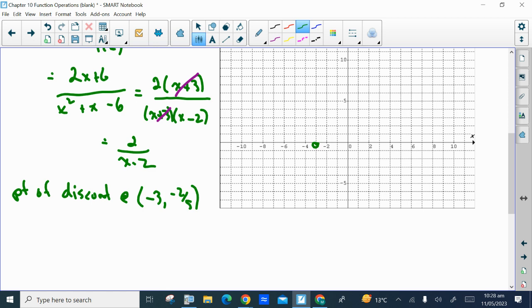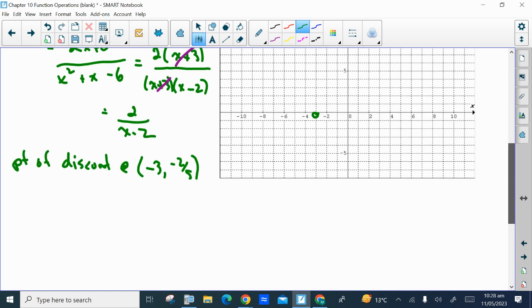Approximately there. Because we have x minus 2 as a remaining factor when we simplify the expression, that means there will be a vertical asymptote at x equals positive 2.